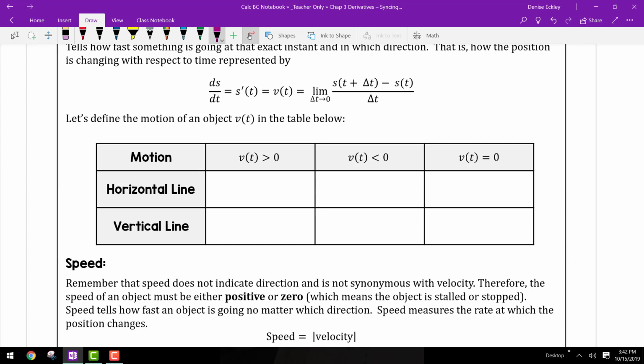If our velocity is greater than zero, and let's just do first the horizontal line, the object is moving to the right, because that's considered our positive direction. If velocity is less than zero, we say that it moves to the left. And if the velocity is zero, the particle is at rest.